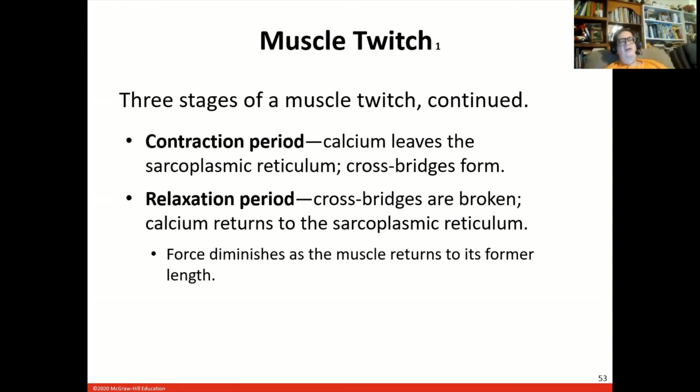And then we have a relaxation period where those cross bridges are broken and the calcium is pumped back into the sarcoplasmic reticulum. And the force will diminish as the muscle's relaxing, returning to its normal length. Remember, when the muscle contracts, it gets shorter and thicker because the fibers are sliding past each other. All right. So let's move on.